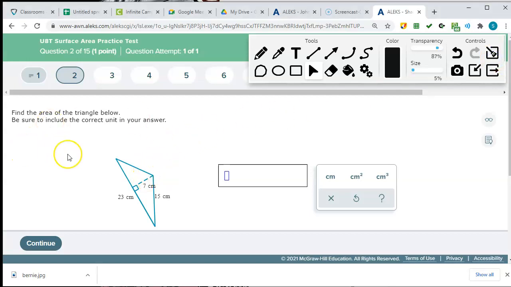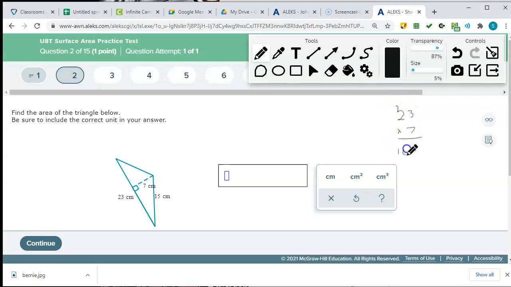It is a triangle, and we want to find the area of the triangle. And so the student told me to do 23 times 7, which is definitely correct because we need to do the two that are perpendicular, and then we need to divide by 2. So we've got our 23 times our 7. That is the area of a rectangle.